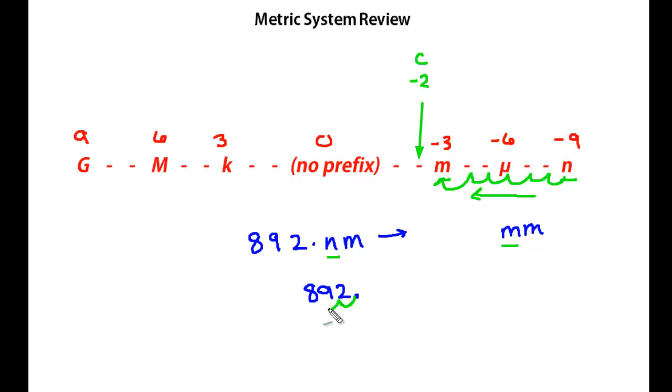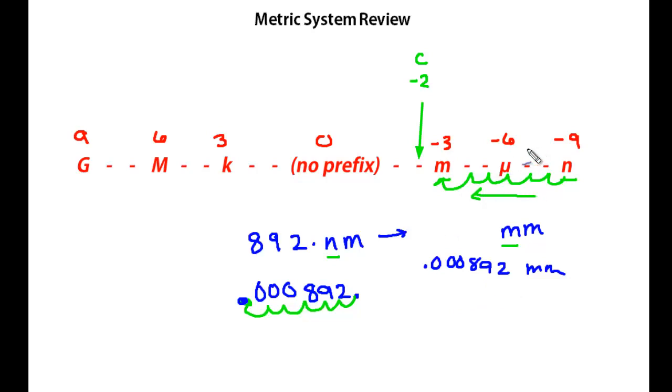So I'm going to go 1, 2, 3, 4, 5, 6. And so this right here represents my new decimal point, and I have to fill in those zeros for the placeholder. So I would have 0.000892 millimeters.